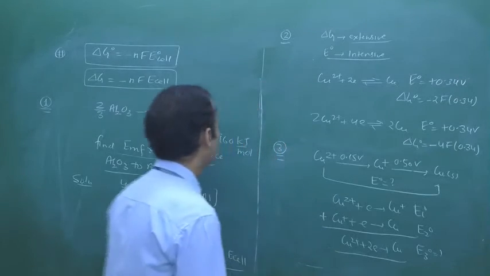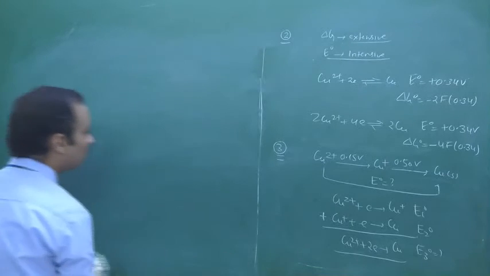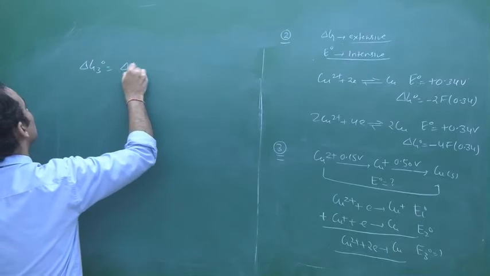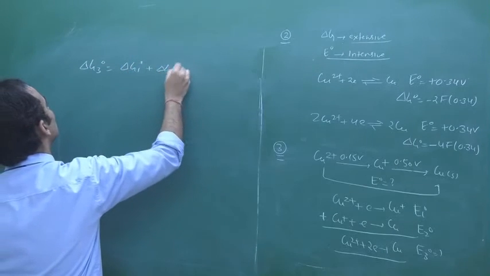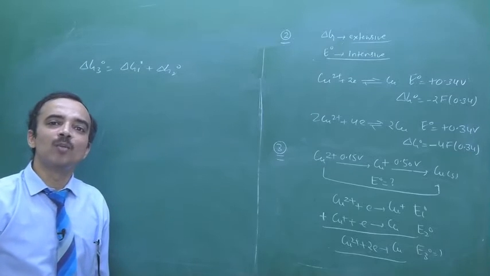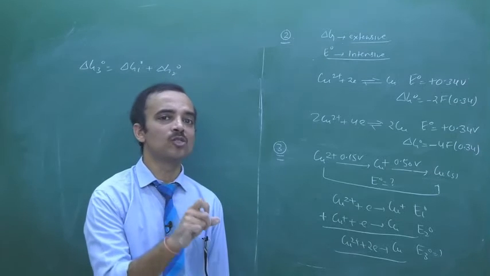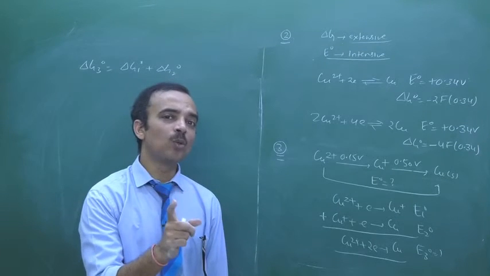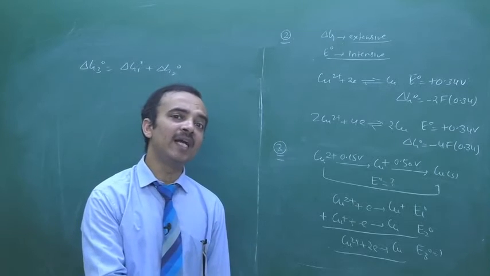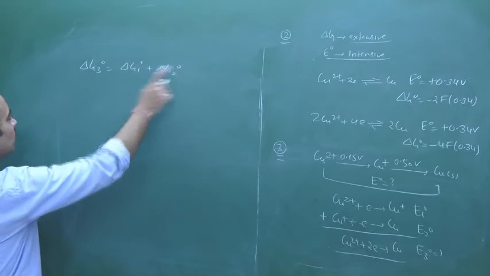So what is the point? When we add these two, their delta G naught are also added. Beta, free energy is a thermodynamic function. That means when chemical reactions are added, it is also added. But electrode potentials are not thermodynamic functions. They may not be added on adding reactions. So we can add these two.